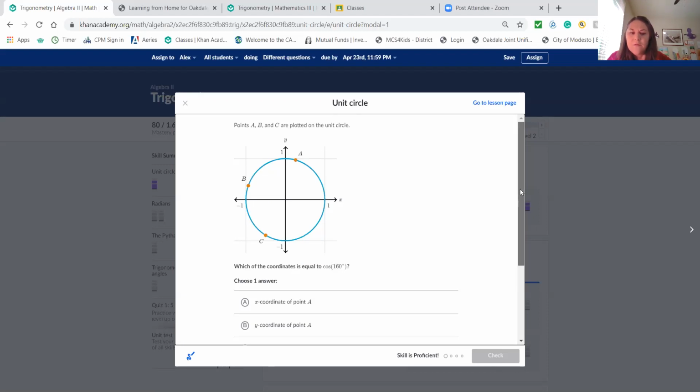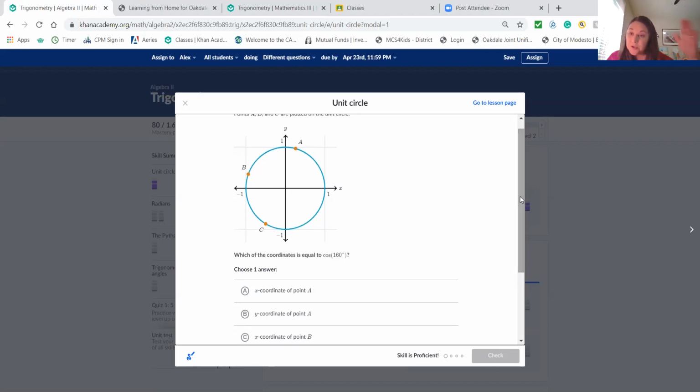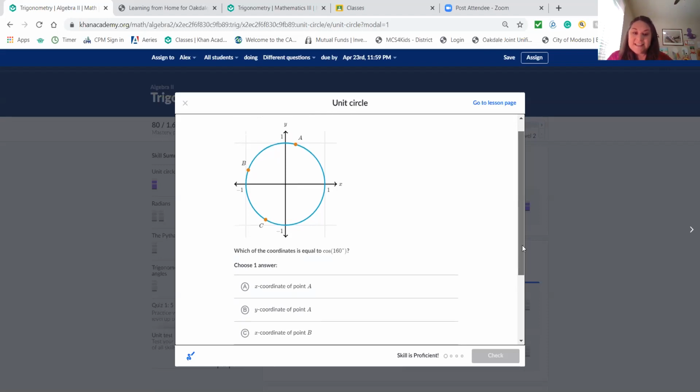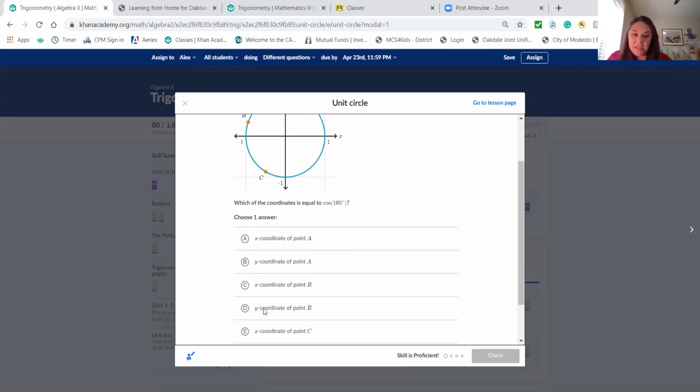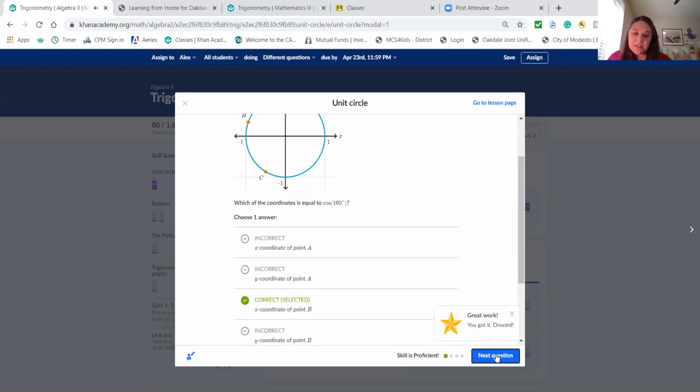So what they want to know is, what would the cosine be? Cosine's the x, so it would be the x coordinate, and that's related to the cosine part of the question. And 160 would be the point B, because it's located in the second quadrant. So the x coordinate of point B would be related to cosine 160.